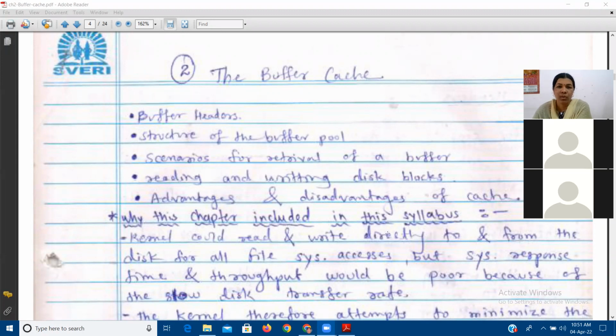Okay. So what is the importance behind this buffer cache? In the architecture we can use the buffer cache concept or we can not use it. If we use it, the data we access will be accessed faster. So the access time required will be less if we use the buffer cache.